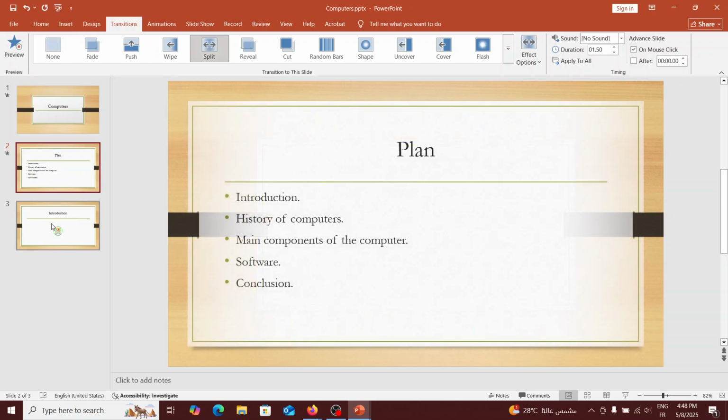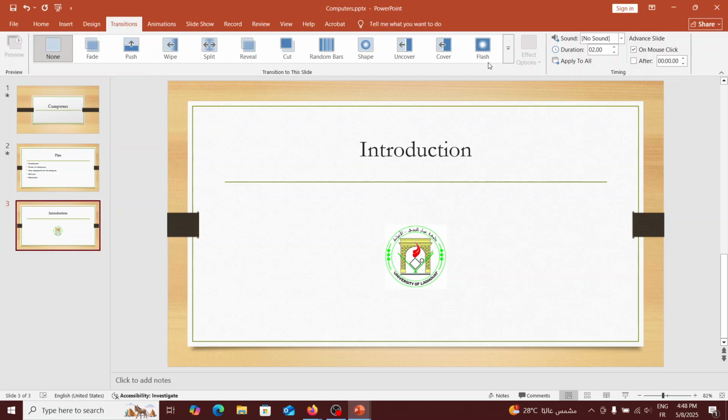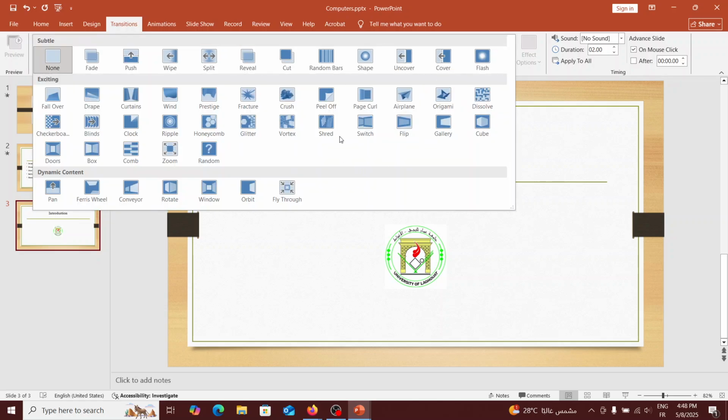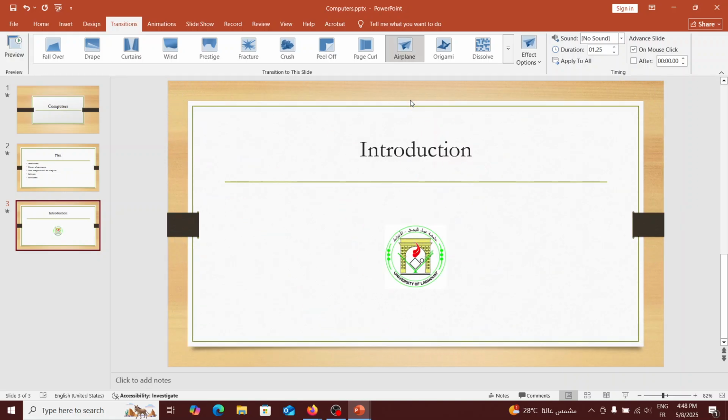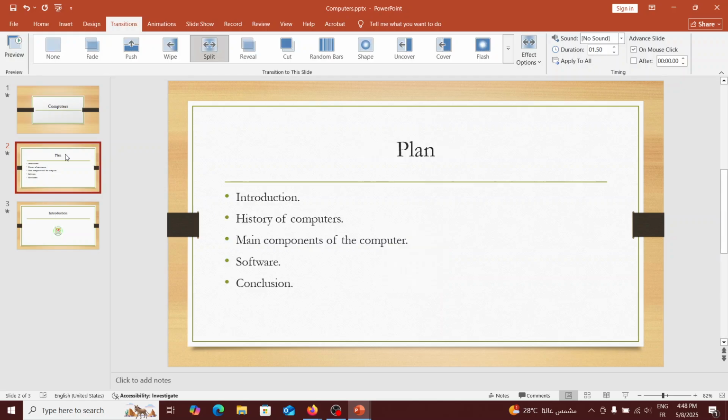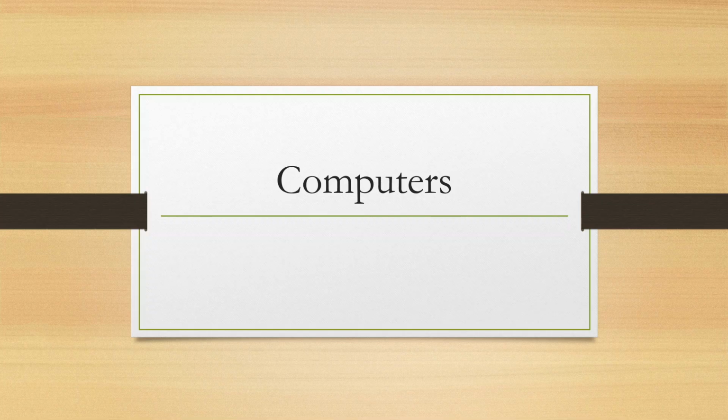We can use split. And for this, we can use different types. For example, you can even use complex ones like airplane. For example, let's go for this one. Let's try now to go full screen with our presentation.